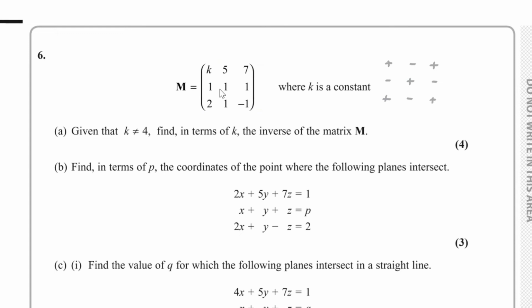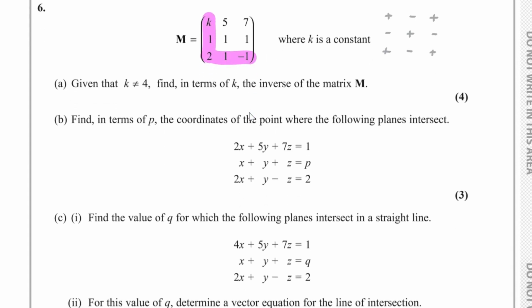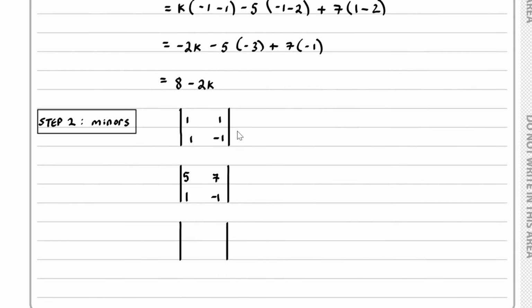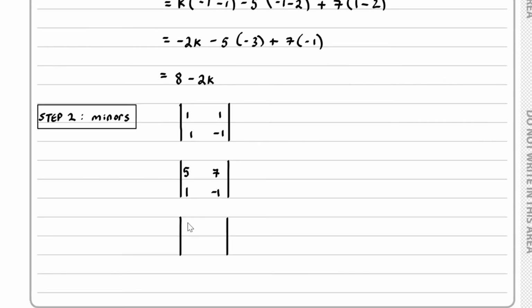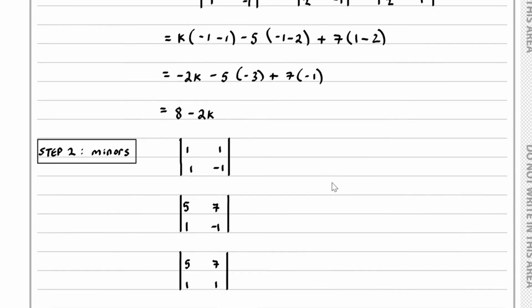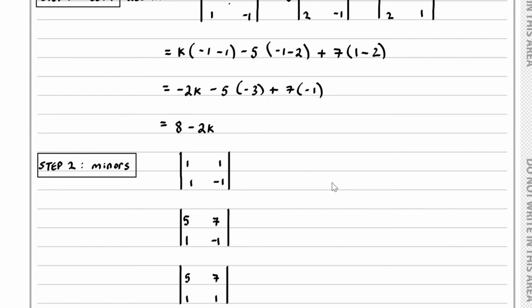Then if we take a look at this element, we cover up this row, we cover up this column, we take the determinant of what's left over. What's left over is the 5, 7, 1, 1. So that's the first column completed for the matrix of the minors.